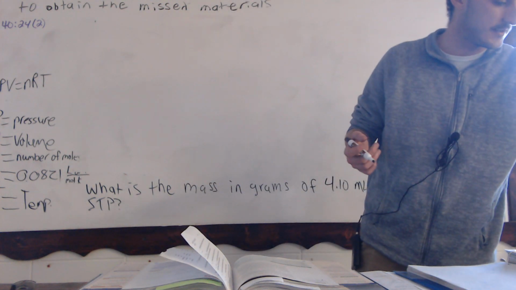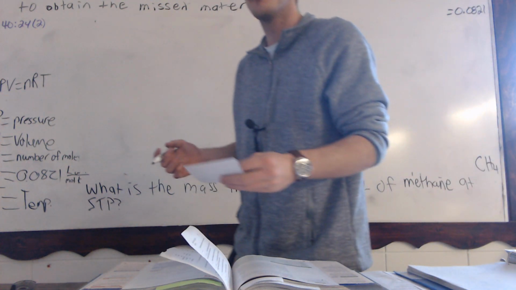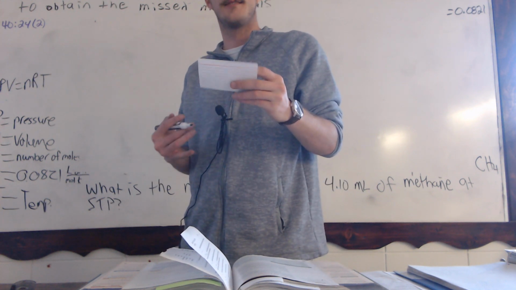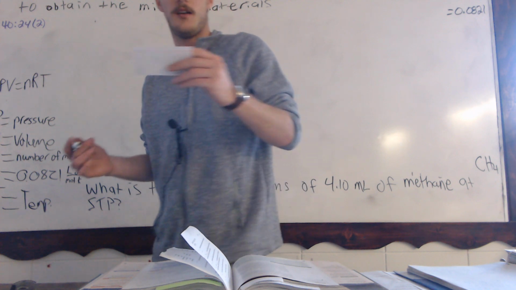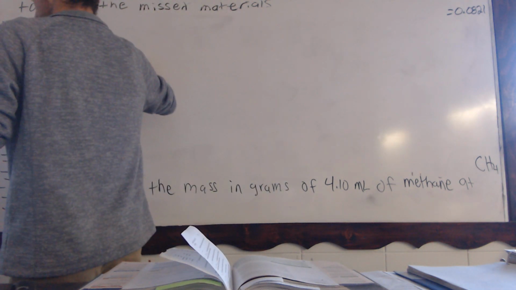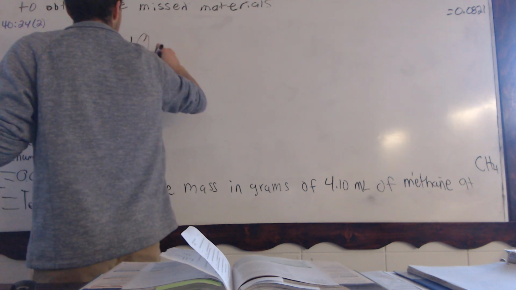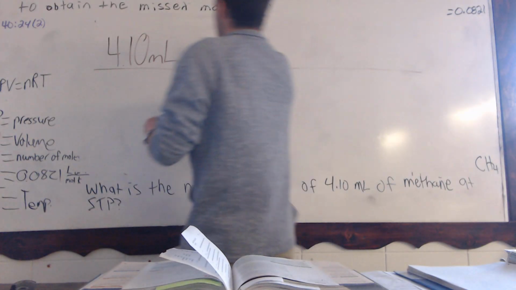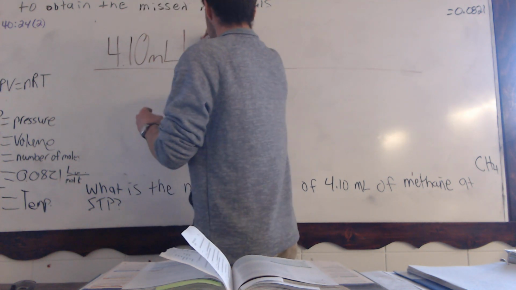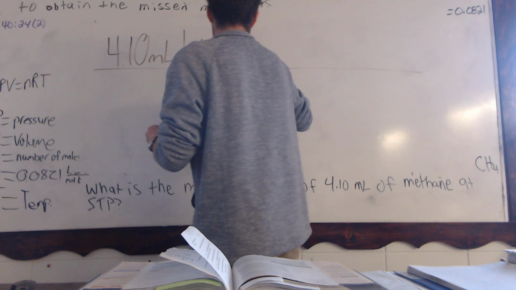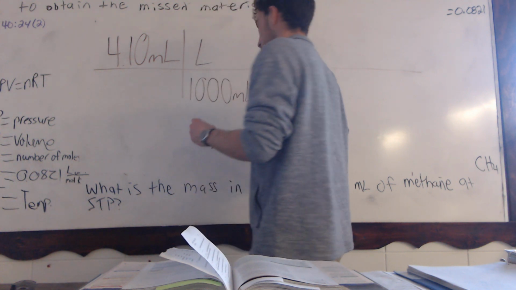Dimensional analysis. So you're teaching us a way that might not work? See, I haven't done this way until today, so this is new material for me as well. But it makes sense. So we're going to start off with our given milliliters, and then go to liters, 1,000 milliliters per liter.